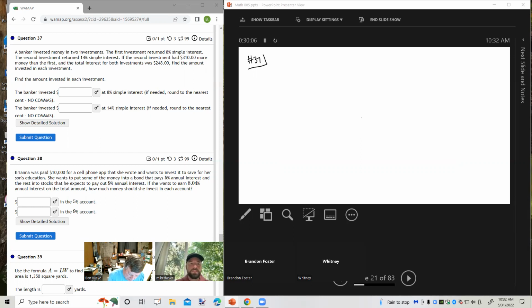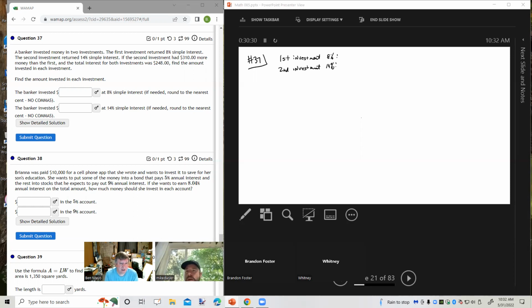Okay, so we've got the first investment, which is the 8%, and the second investment, which is the 14%. Now, what do we know about the 2 investments?